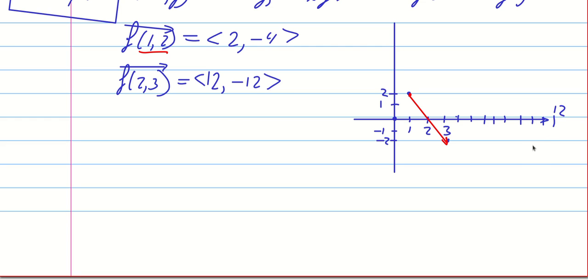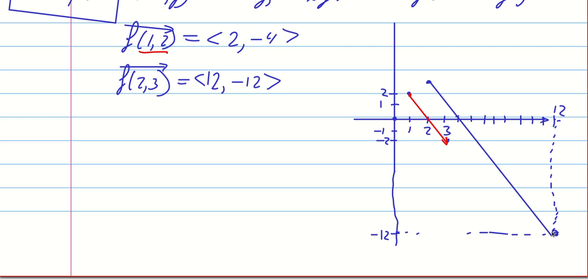So it goes to 12 and it goes to negative 12 over here. We start at 2, 3, and we go way down over here. And this is our vector starting at 2, 3 and going to 12, negative 12.